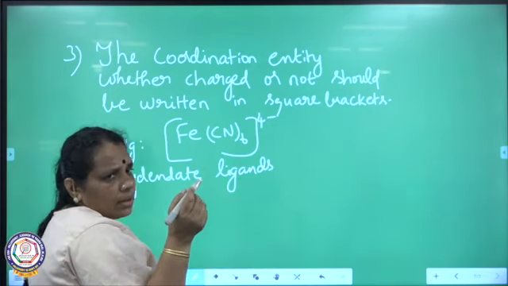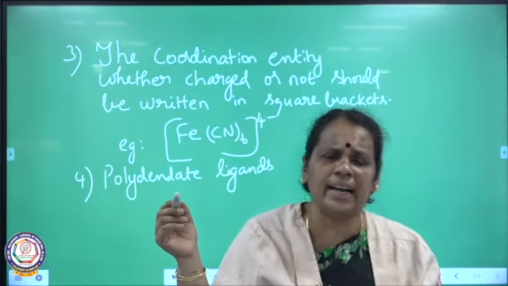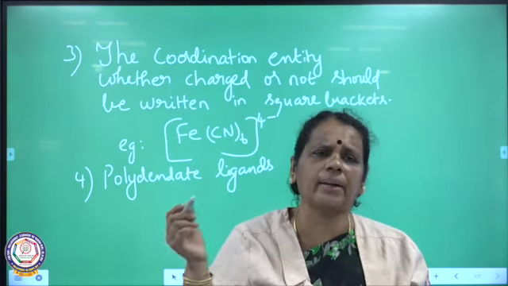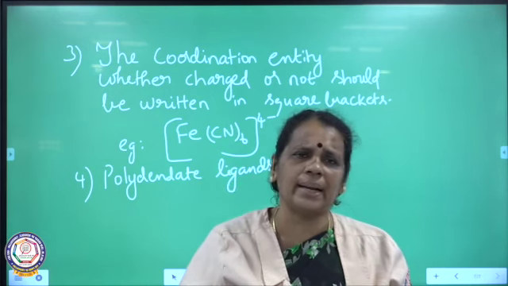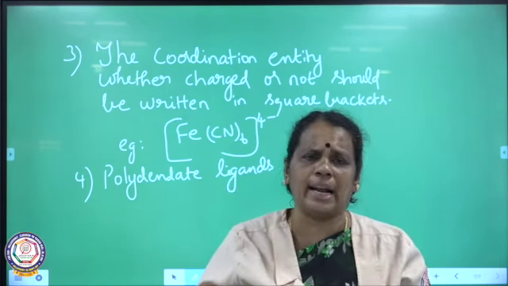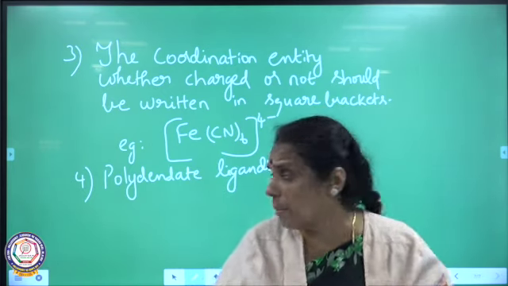That is a ligand which has many donor atoms, we can call it polydentate ligands. The very familiar example I gave, EDTA, ethylenediaminetetraacetate, where there are 6 donor atoms. It can be called a hexadentate ligand also, where there are 4 oxygen atoms and 2 nitrogen atoms readily available to give the electron pairs to the central metal ion.